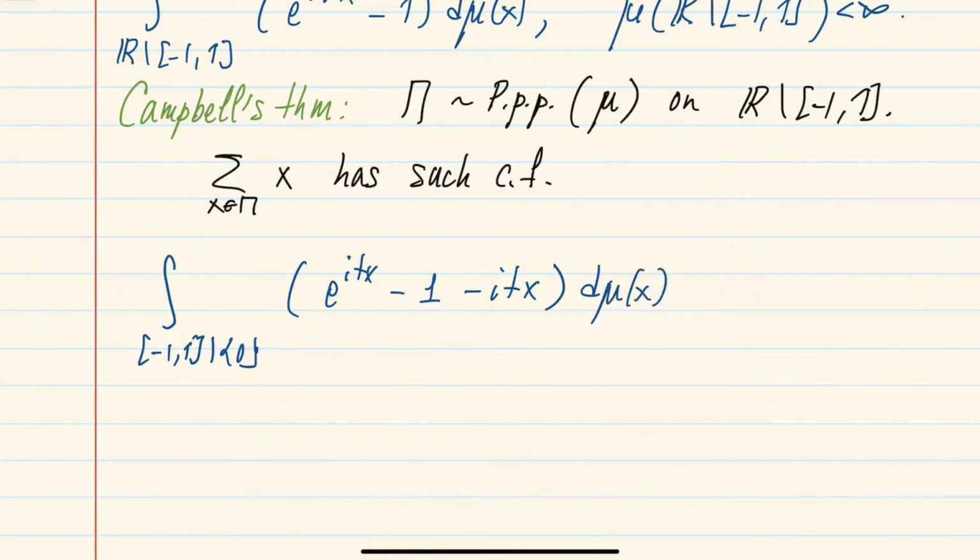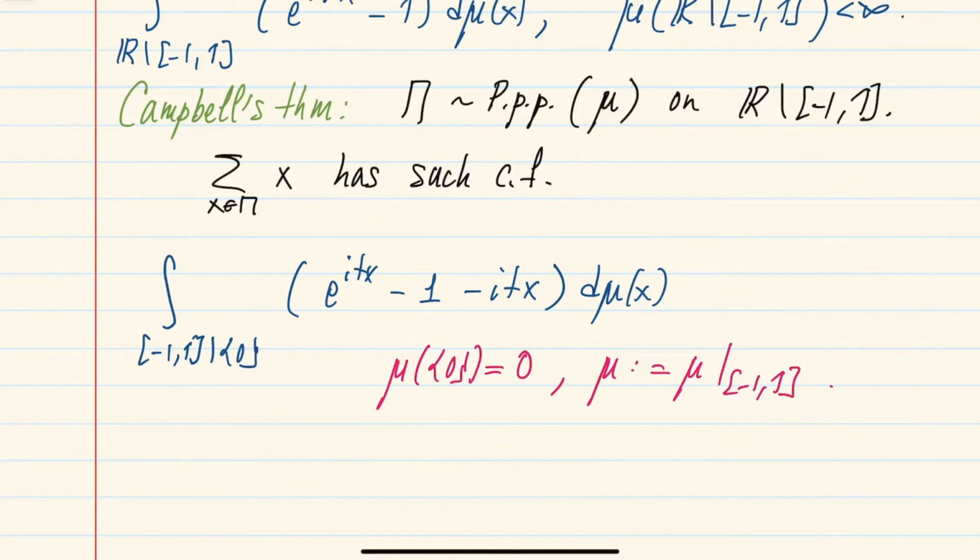Okay, now to simplify the notation, let's first agree that the measure mu of 0 is 0, so we don't need to exclude the 0 from this interval. And also, not to write the interval all the time, let's redefine mu to be this measure mu restricted to the interval between -1 and 1 from now on.